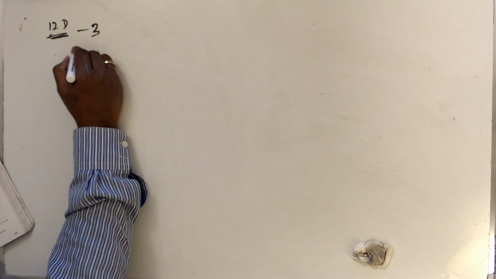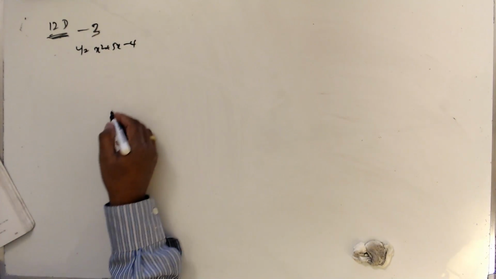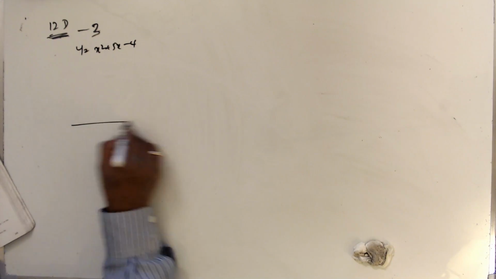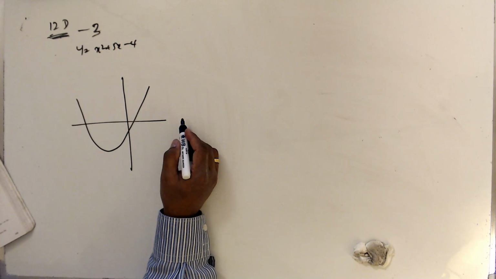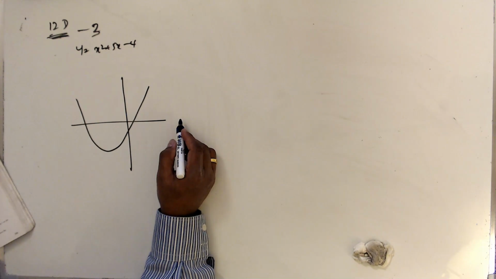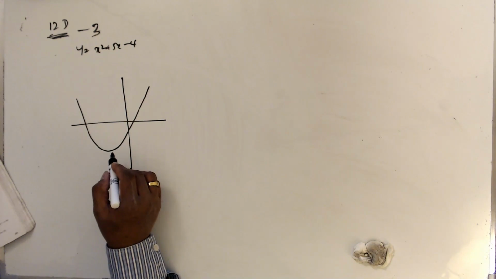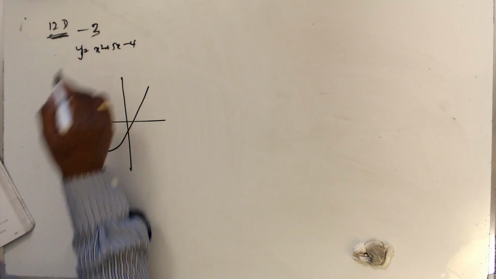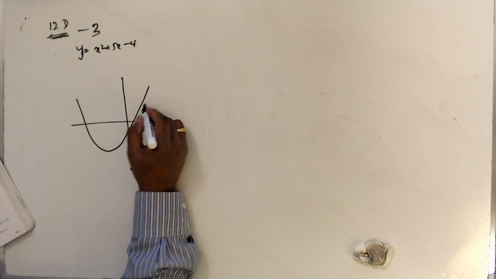Assume the curve is given as y equals x squared plus 5x minus 4. Now find the y coordinate and the value of the gradient at point P. The coordinate of P is x equals 1.